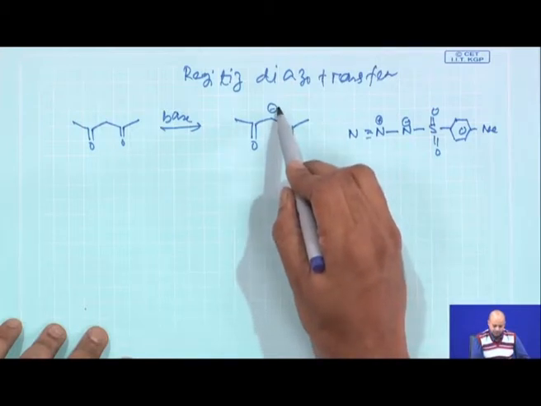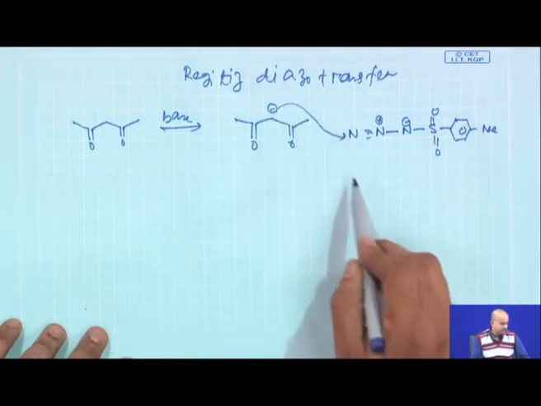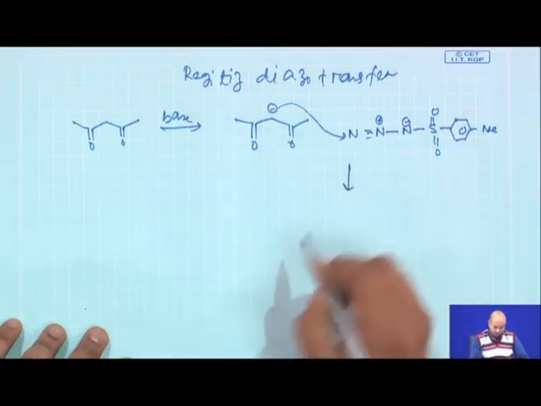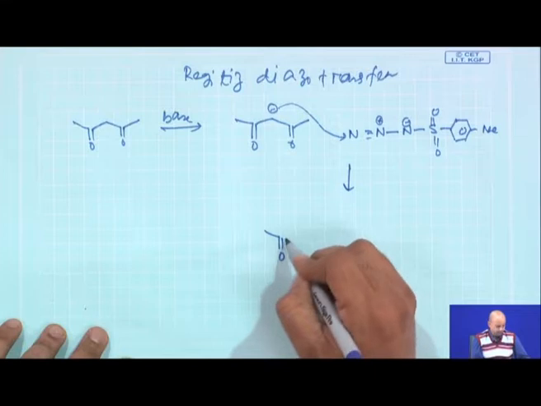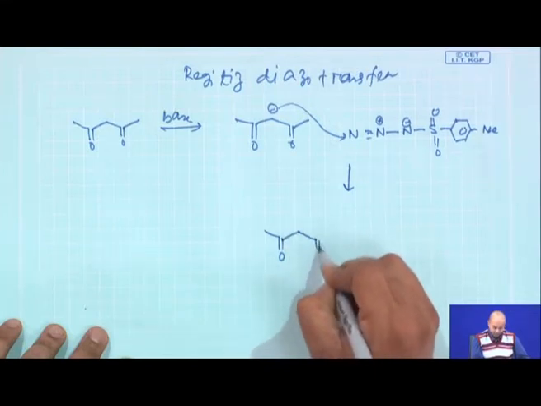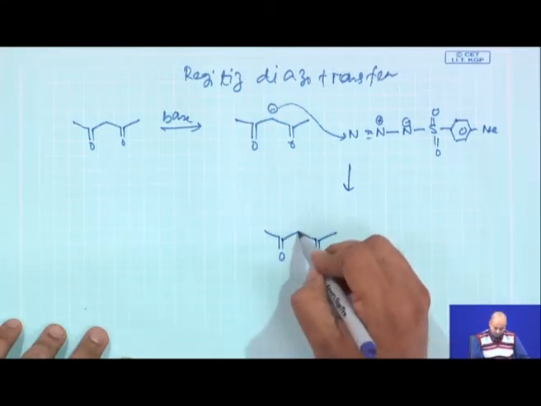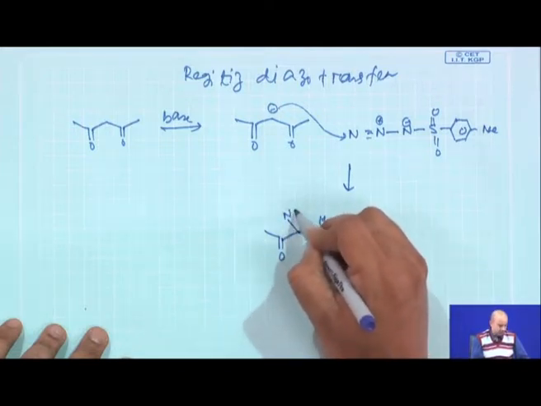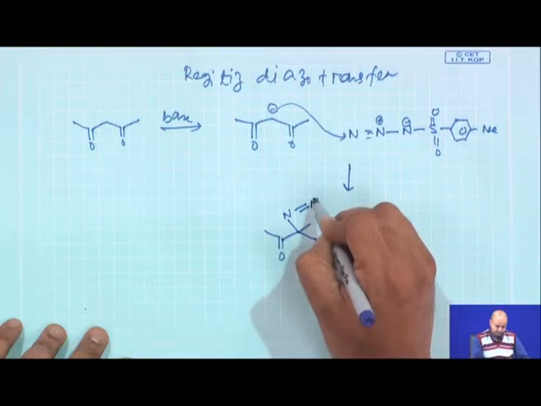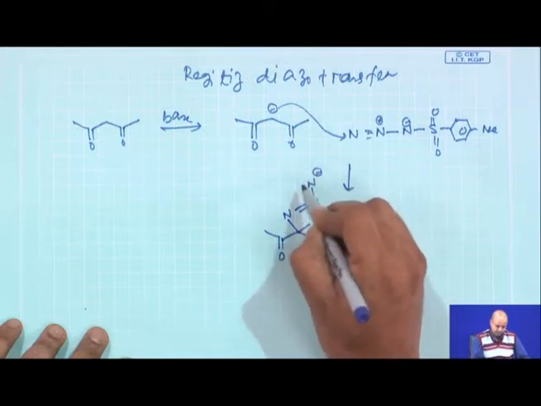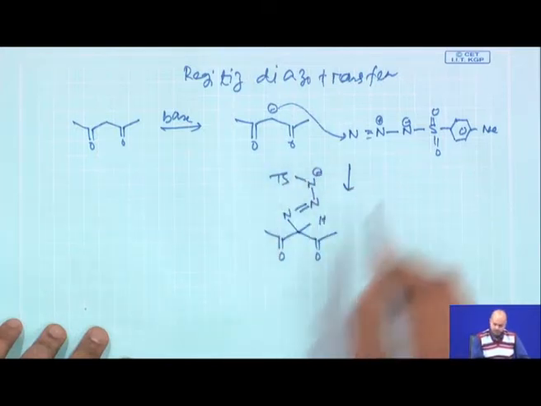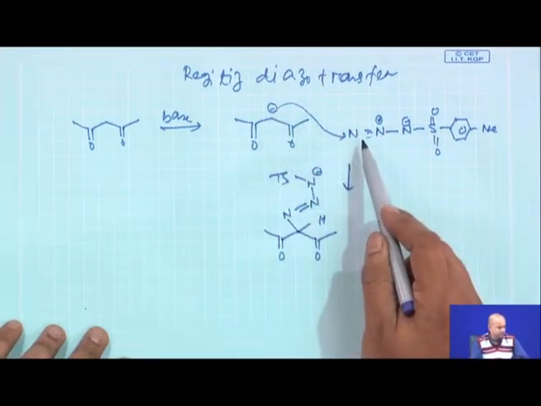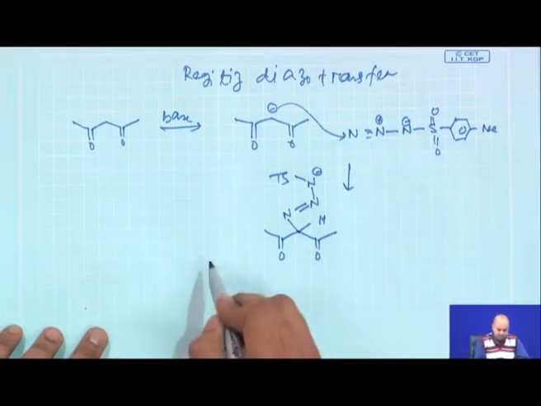So, this negative charge attacks this terminal nitrogen, and then what will you get? You get this COMe, this COMe, then one of the hydrogens is here, and the azide structure you can now write as N minus Ts. Just the simple attack of this nucleophile on this electrophilic azide in this fashion.